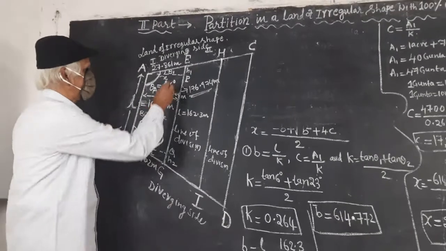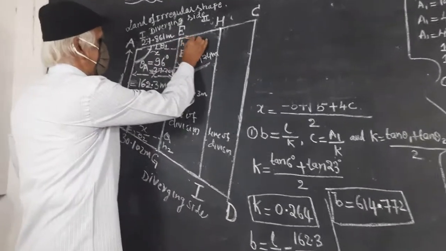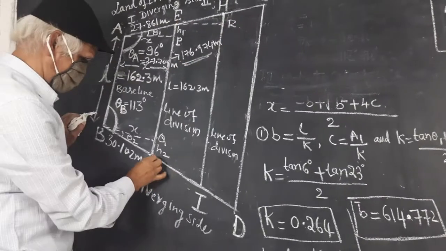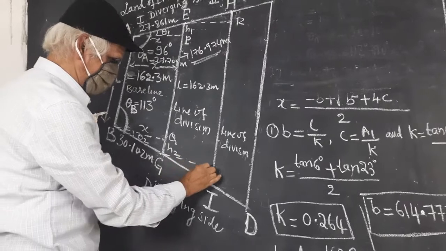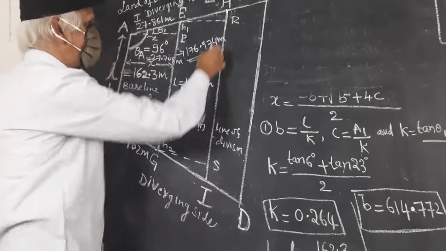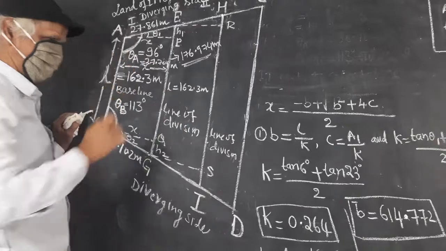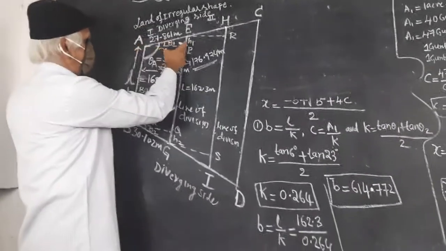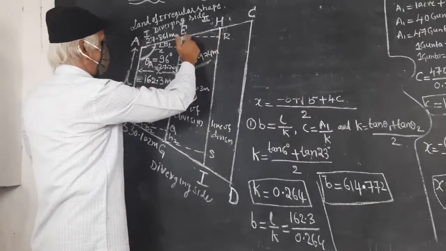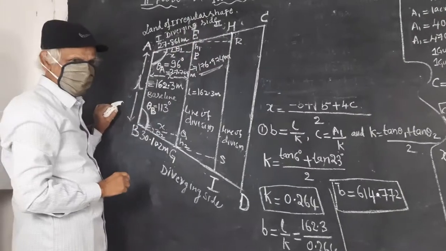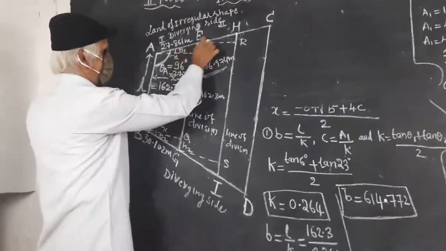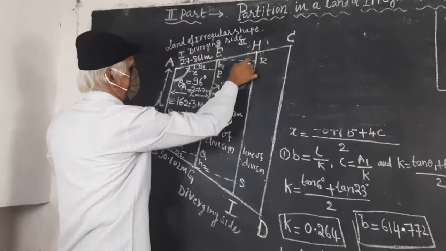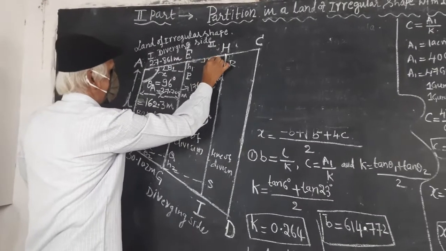Now you draw two perpendiculars, one here and the other GS respectively on HI. Here AP and ER are parallel to one another. Hence, corresponding angles must be equal. Therefore, the angle HER is equal to theta 1.